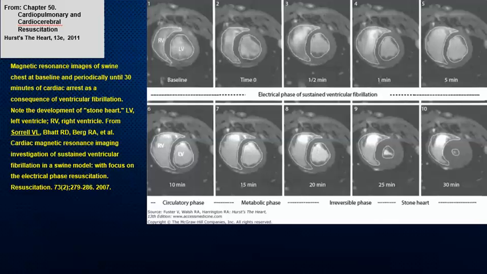And the essential information here is that the right ventricle dilates almost immediately with ventricular fibrillation. After a period of time, the left ventricle becomes unresponsive, and irreversible damage has occurred and is referred to as stone heart.